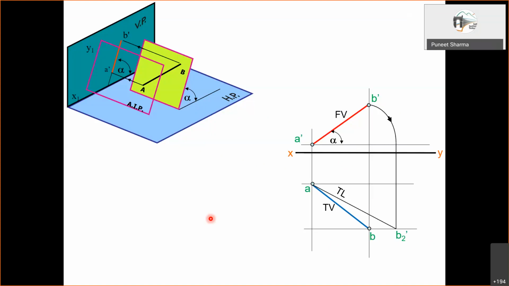And how to choose that on this diagram? We can do that making use of the fact that this auxiliary inclined plane is parallel to capital A, capital B, so the new XY line is parallel to A dash, B dash. So that means if we have to choose an auxiliary inclined plane parallel to the line, we have to choose a new XY line here parallel to this A dash, B dash.